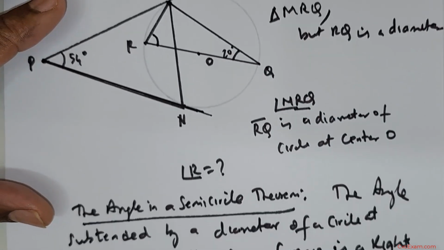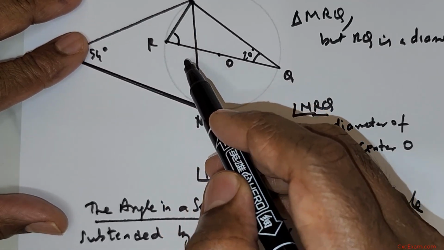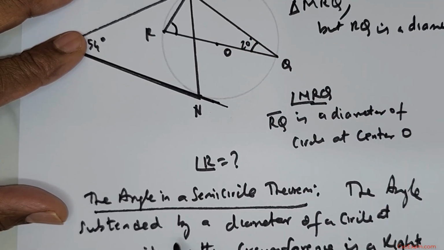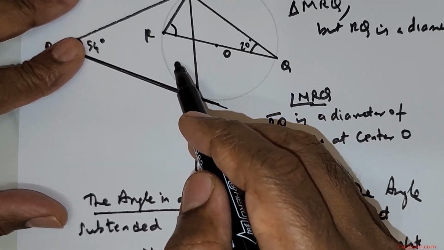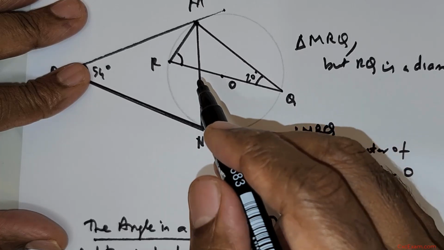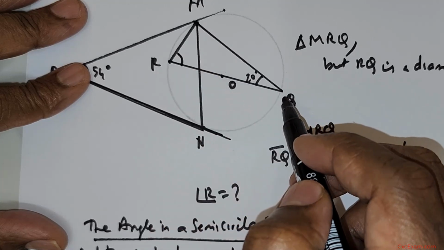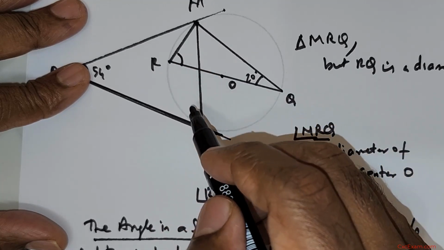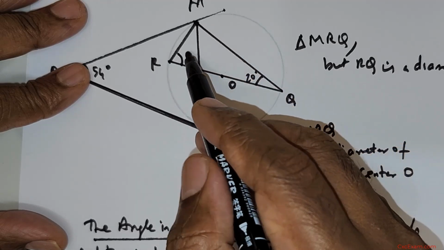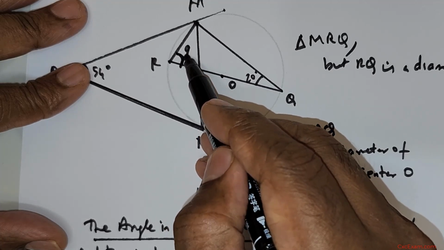So according to the theorem, the diameter is subtending an angle at any point on the circumference, and if that happens, then this angle becomes 90 degrees.